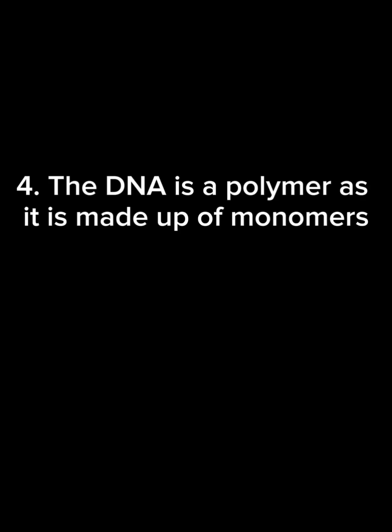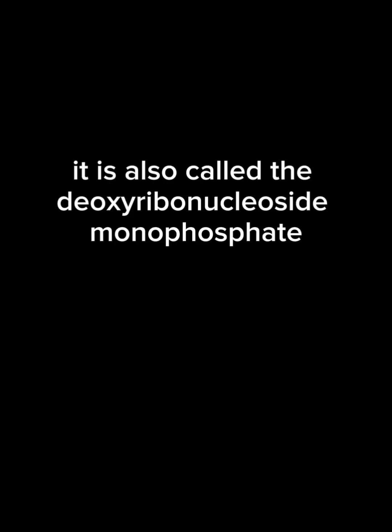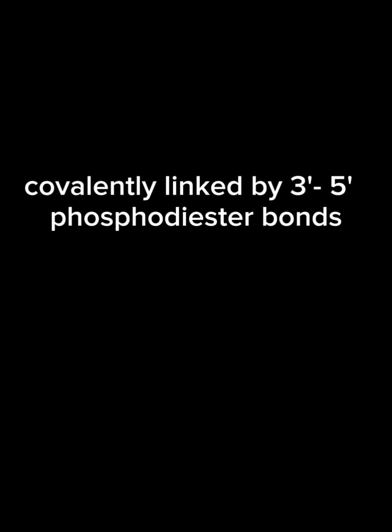The DNA is a polymer as it is made up of monomers, whereby each monomer is called a nucleotide. So it is also called the deoxyribonucleoside monophosphate, covalently linked by 3' to 5' phosphodiester bonds.